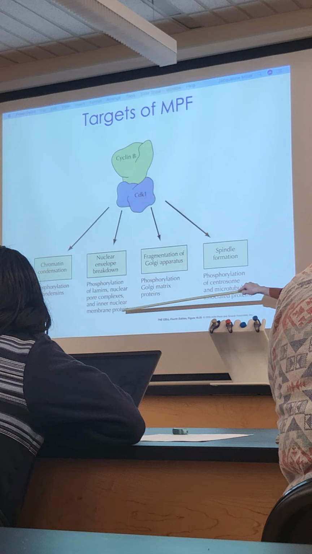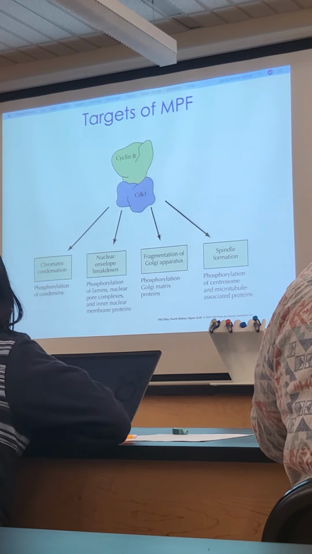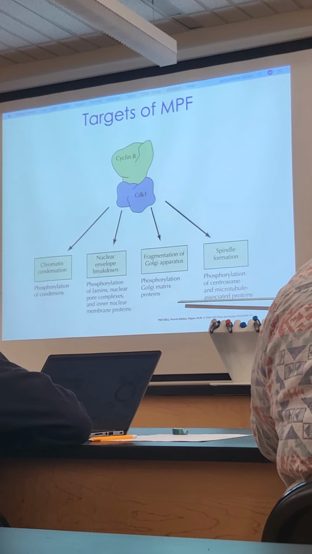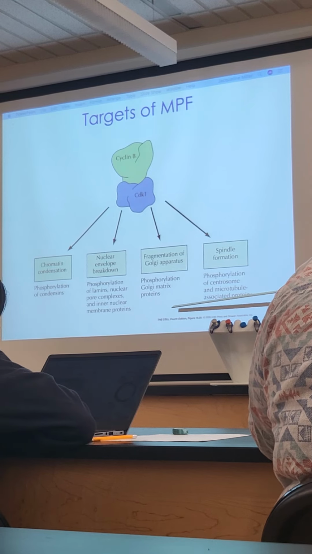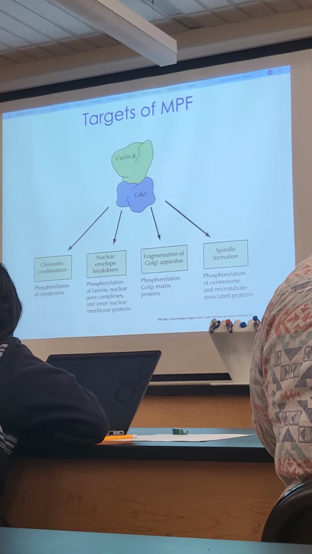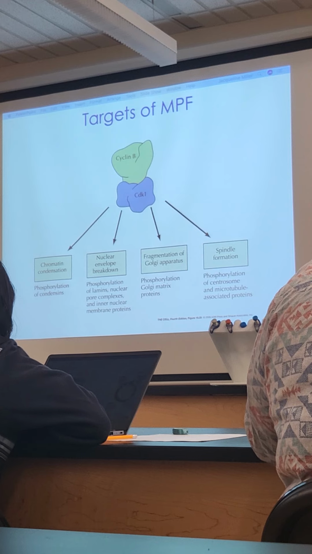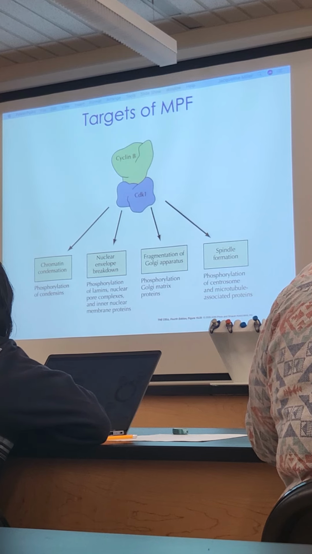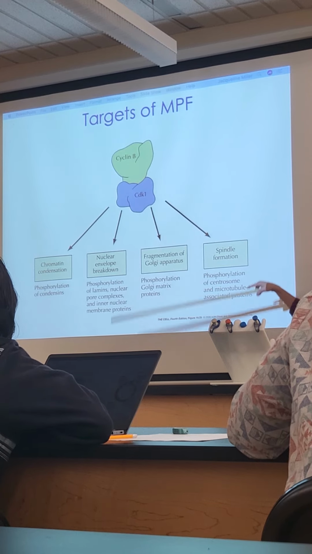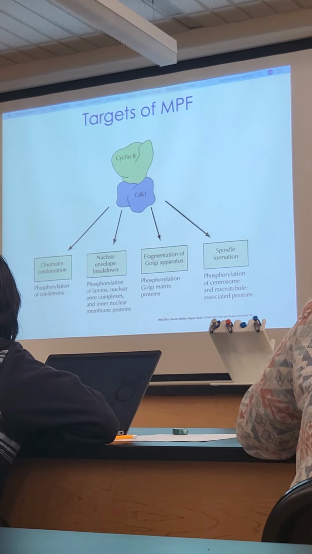You can phosphorylate parts of the nuclear envelope, that gets it to break down. You can phosphorylate the organelles so that they fragment. You can phosphorylate microtubule associated proteins, that helps you to form the spindle. So basically this is like an action signal that starts all the events rolling for mitosis.